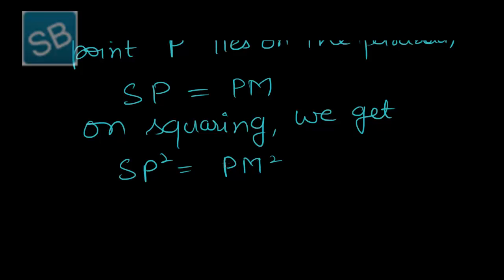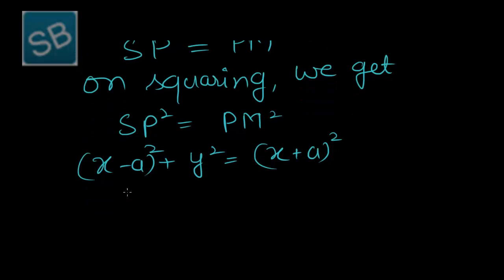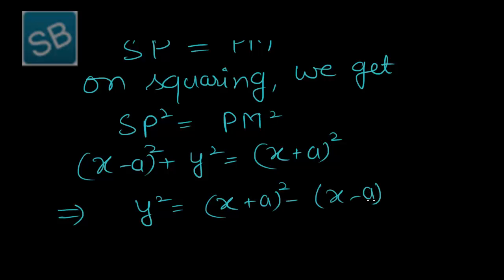We can find SP square and PM square by using the distance formula, that is (x minus a) whole square plus (y minus 0) square, that is y square, and (x plus a) whole square plus (y minus y) square, which is 0. So from this we get y square is equal to (x plus a) whole square minus (x minus a) whole square.